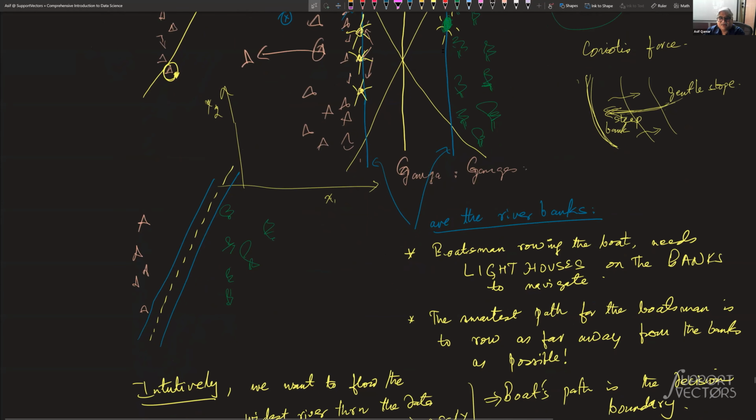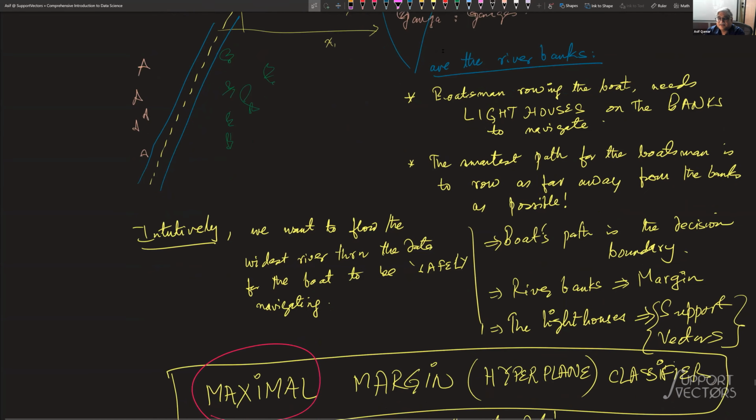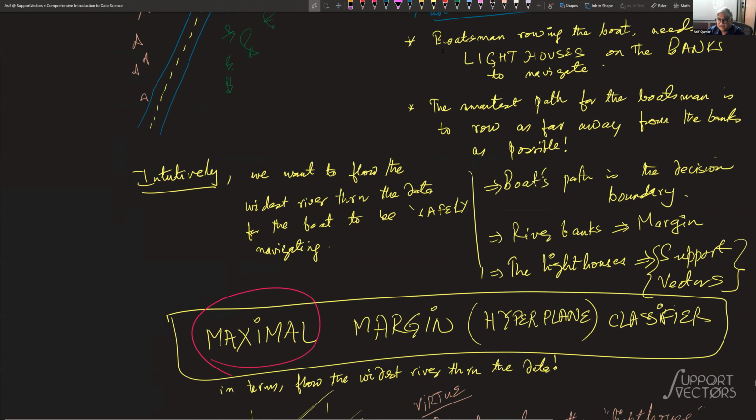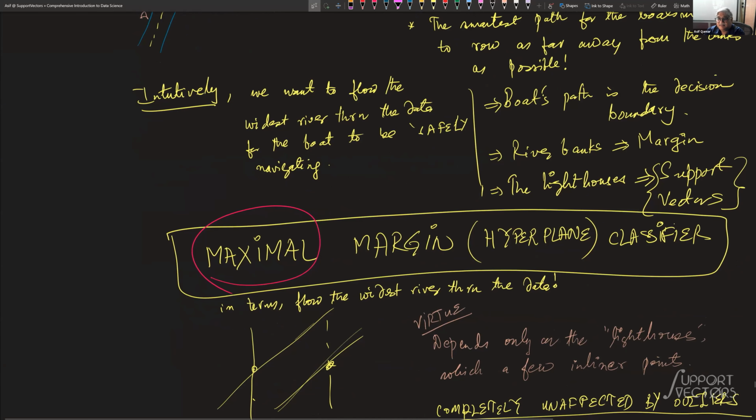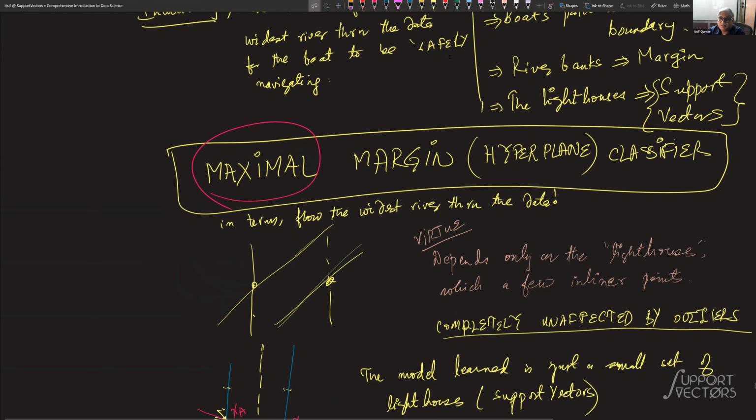We want to flow the widest river we can through this data set, not the narrow, because narrow rivers will change, the shape will change for different samples of the data. Right? Those lighthouses are called support vectors. And the path that the boat must take in order to take the safest path to avoid capsizing against the bank is literally the median of the river, and that is the decision boundary. So river banks are the margins, the formal terminology.